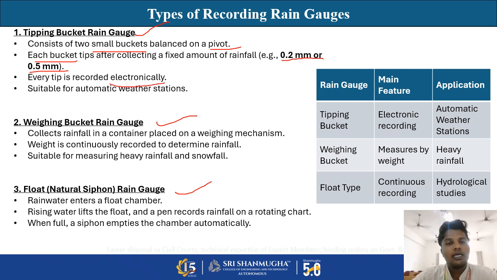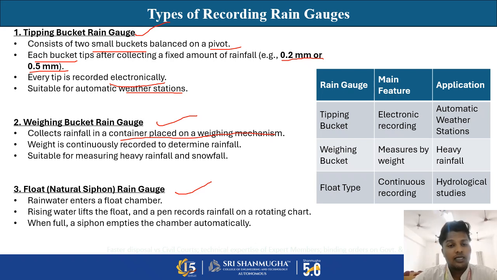As I told you, recording rain gauges are advanced systems, so we record continuous rainfall electronically. It is suitable for automatic weather stations, which is one of the advantages of the tipping bucket rain gauge. Then the weighing bucket rain gauge collects the rainfall in a container placed on a weighing mechanism.